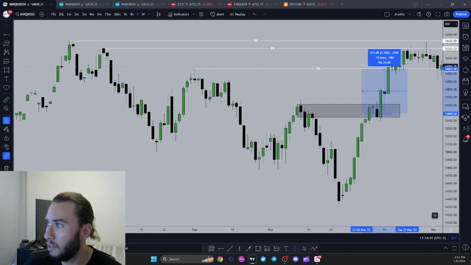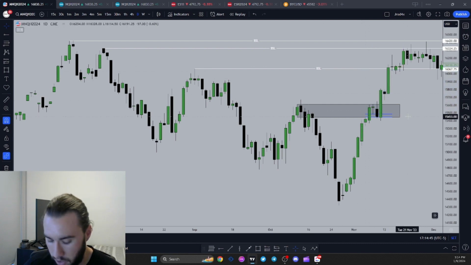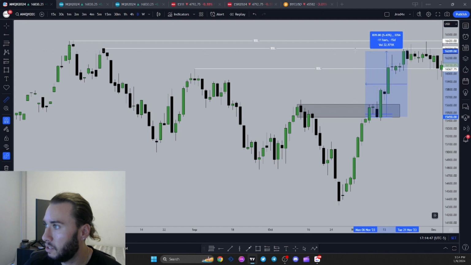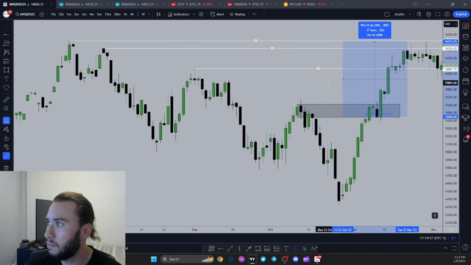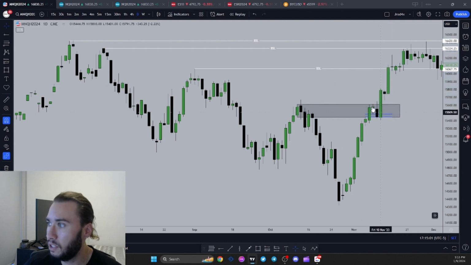Yeah, 573 handles or points. And then if we look at second target, that is 873, so another 300. And then final target would be 964 handles. So pretty significant move there. And you can see this is a unicorn model that formed on the daily chart.